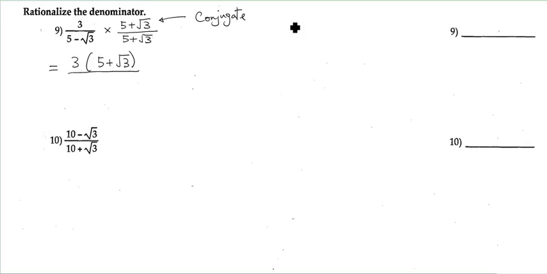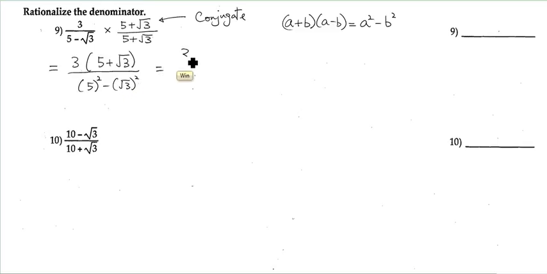Well, why do we want to times it by the conjugate? Because we are relying on the special product a plus b times a minus b. That would give you a squared minus b squared. So this would become 5 squared minus the radical 3 squared.